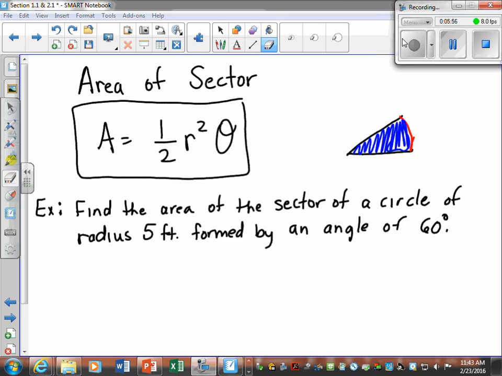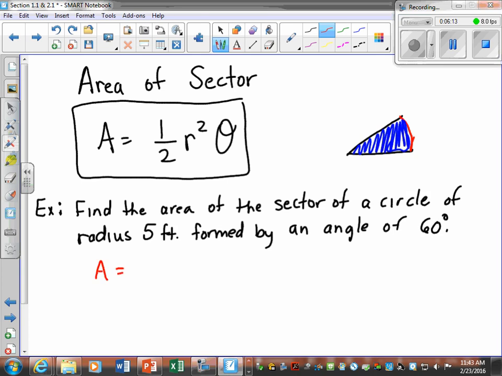Okay, so our first example is find the area of a sector of a circle of radius 5 formed by an angle of 60 degrees and round your answer to 2 decimal places. Now, our formula is equal to 1/2 radius squared theta. But remember, when we're working with the arc length and area of a sector, we have to have our angle in radians.